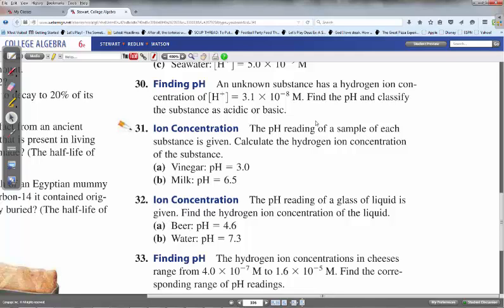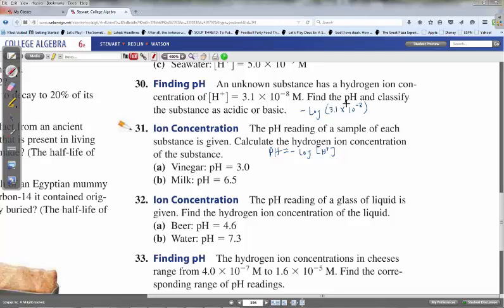Well, I'll probably just do that on the page here. Formula for pH was the negative base 10 log of the hydrogen ion concentration. So, negative base 10 log of 3.1 times 10 to the negative 8.